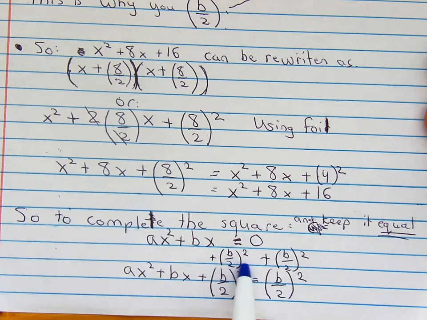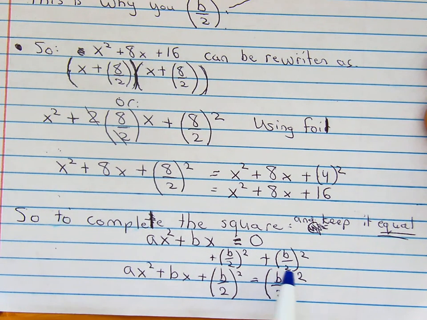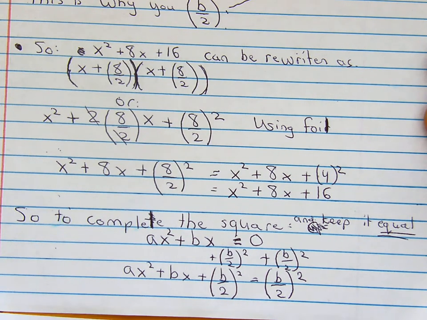And that is why you'll end up adding this c to both sides of the equation to keep it equal, and then start simplifying and solving from there, which we'll show in our next examples. But this is how you go about to set up the formula to solve using complete the square of a quadratic equation.